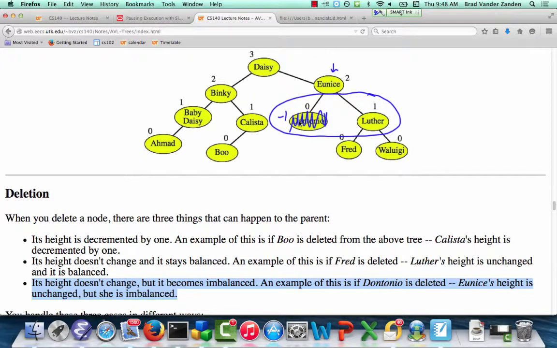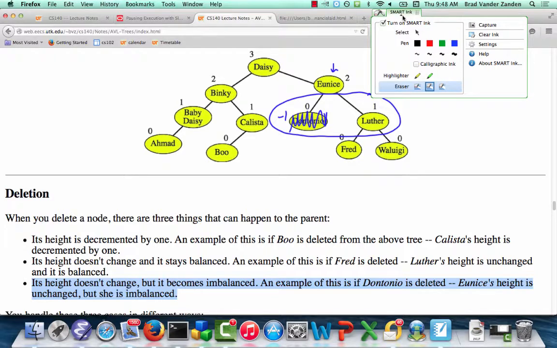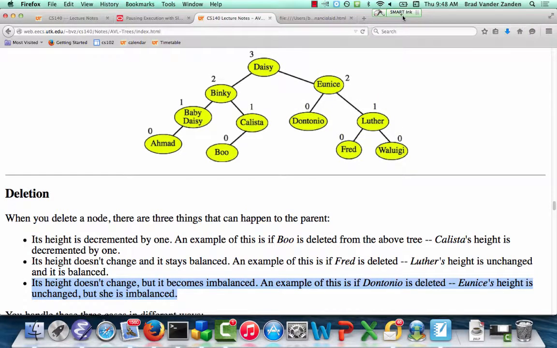The height of its right subtree is 1. Therefore, it's imbalanced, and we're going to have to rebalance it. Okay? And both cases 1 and 3 can lead to a situation where you may have to do some rebalancing. So as an example, let's say that over here we had beforehand aardvark.